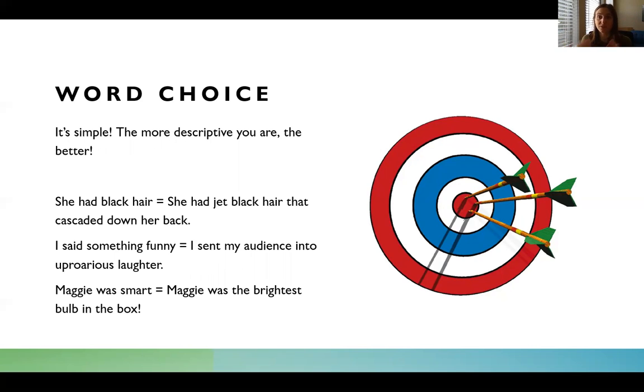Again, more visualization, much, much better. Or instead of just telling me Maggie was smart, you could say with a metaphor that Maggie was the brightest bulb in the box. As long as you're being as descriptive and as detailed as possible, your personal narrative will be awesome, I promise.